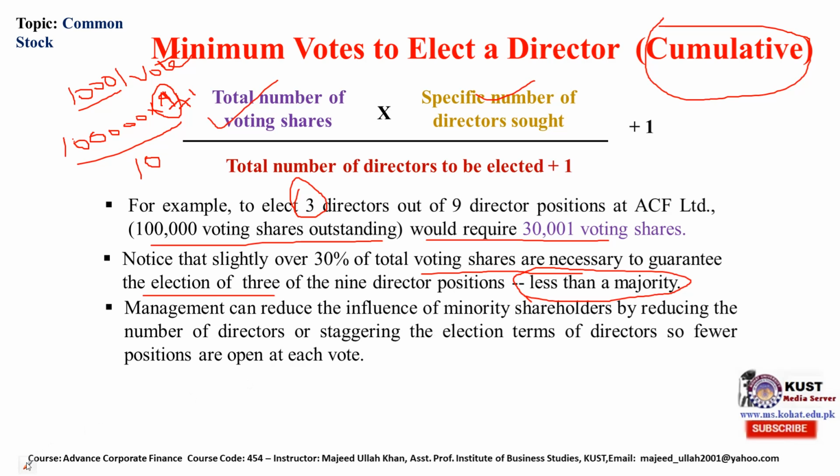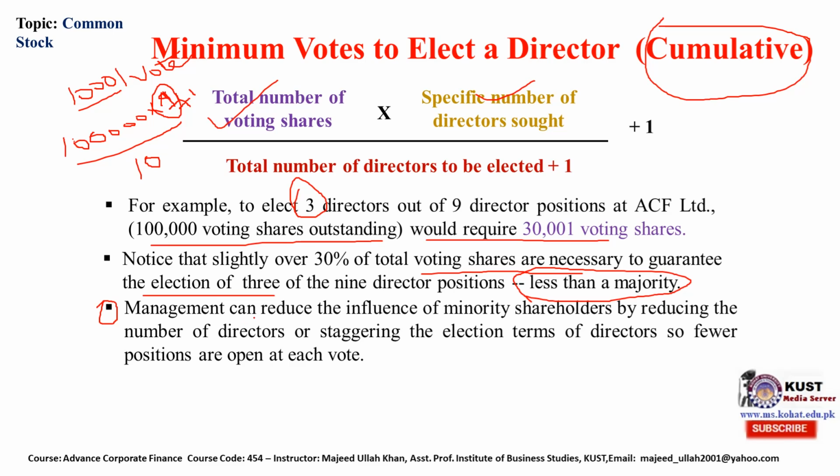So management sometimes wants to keep out the minority shareholder or any person who actively plays a role in a board of directors. In developing countries like Pakistan, the majority shareholder may keep the minority shareholder out of the board.